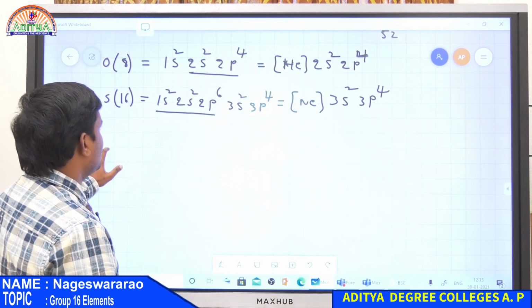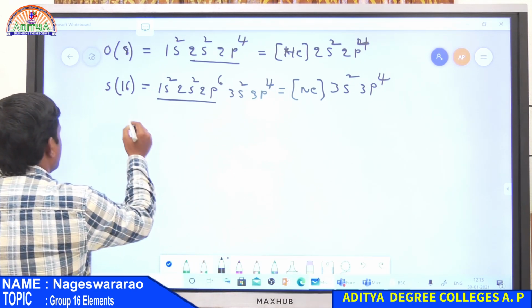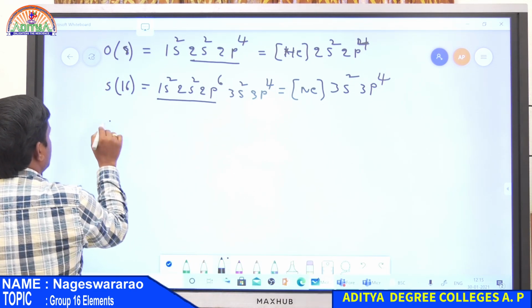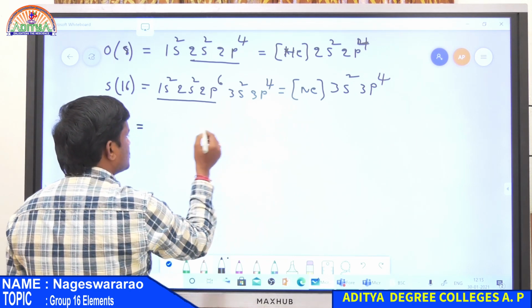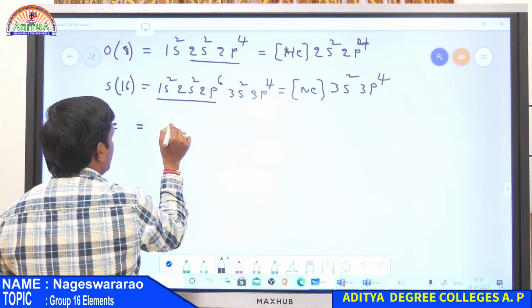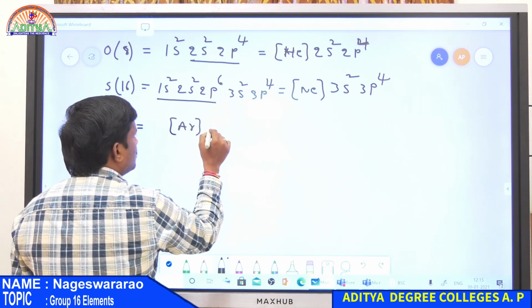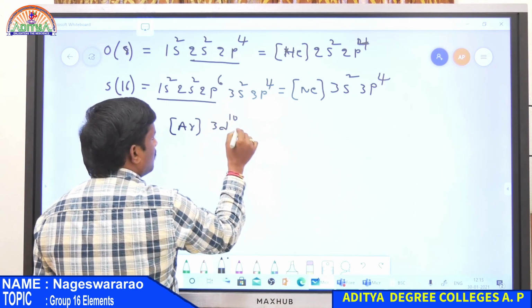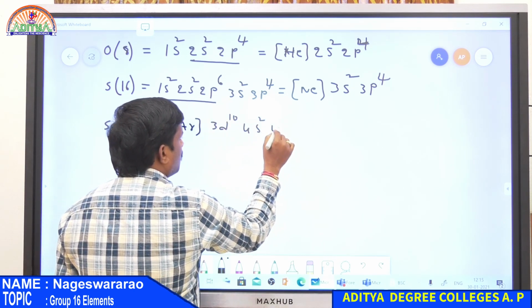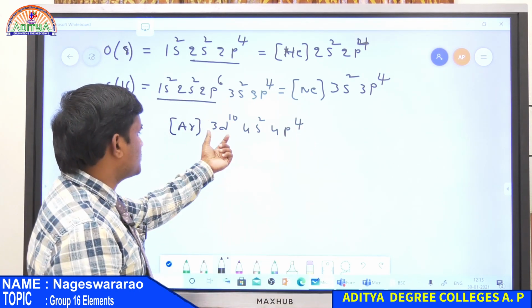Similarly for the next elements the configuration is like this. For selenium, the next noble gas after helium and neon is argon. Its configuration is 3d10, 4s2, 4p4. So d block electrons are also involved.